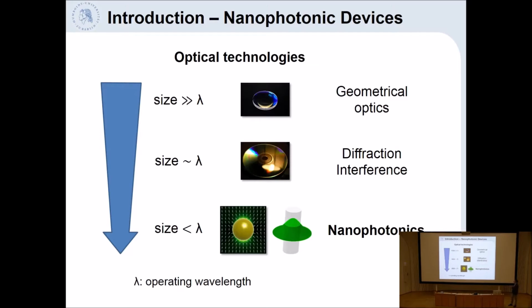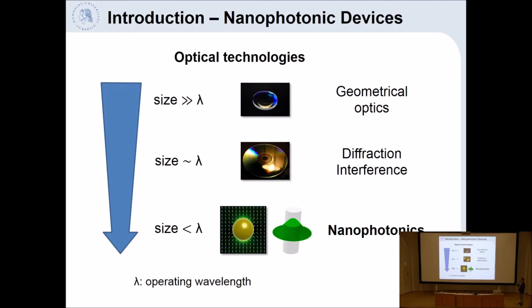It somehow feels like carrying coals to Newcastle in front of this audience to give this introduction, but let me just remind you that we are used to the fact that when the optical elements that we use to guide and control the light field and the interaction of light and matter get smaller, we need a more precise description of the light. We can understand bulk optics basically in terms of geometrical optics and rays.